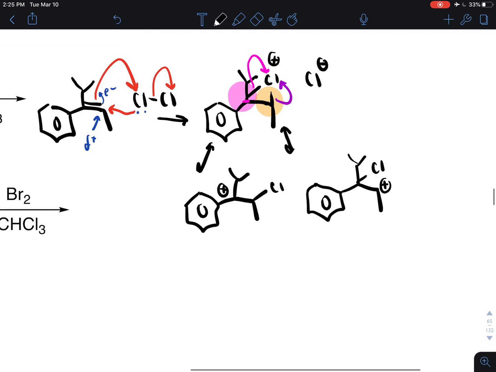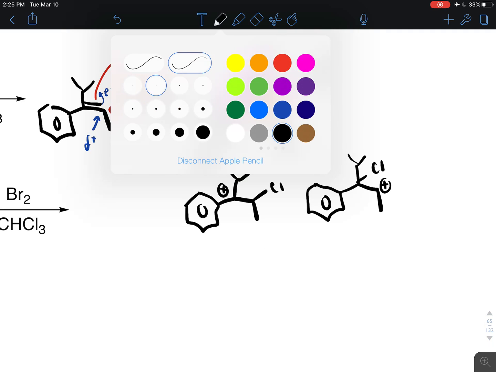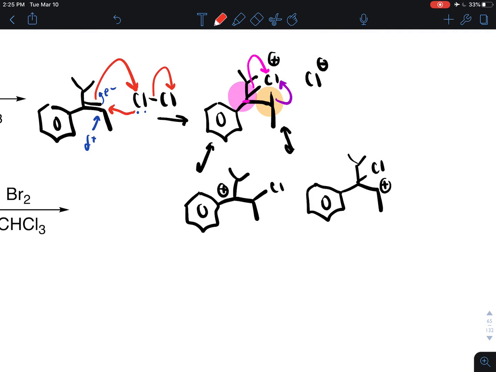Let's rationalize why that chloride anion would attack one position and not the other. The first thing we do when we see carbocations is classify, obviously. In this left resonance structure, we have a tertiary benzylic carbocation. On the right side, we have a secondary carbocation.